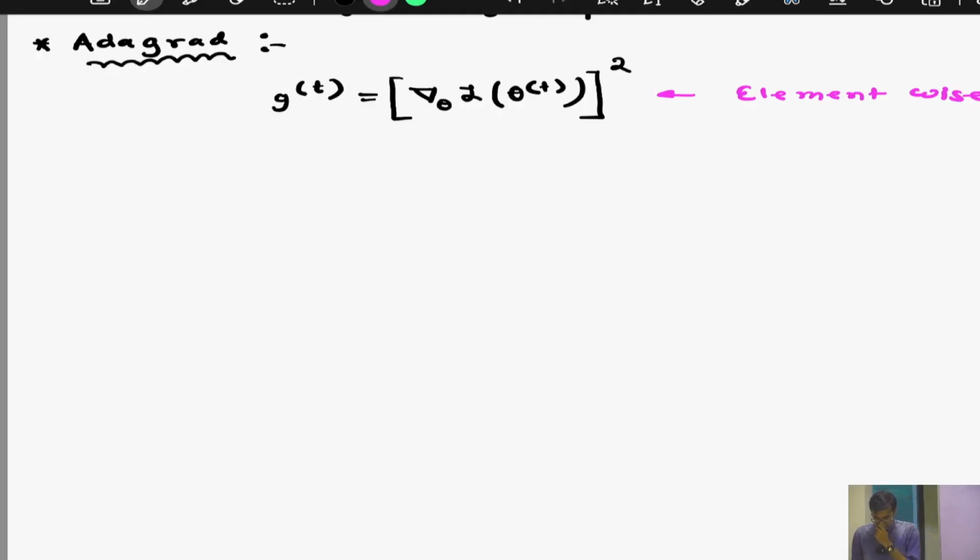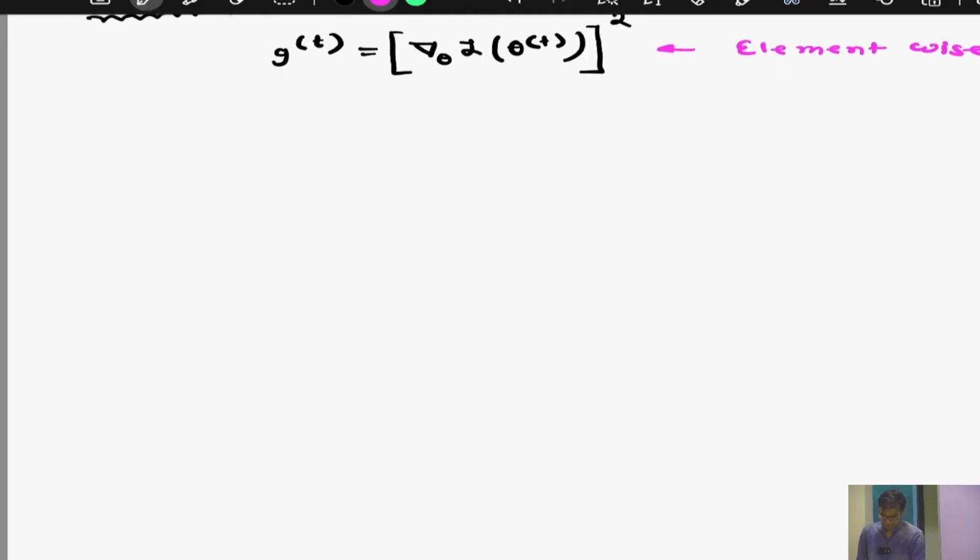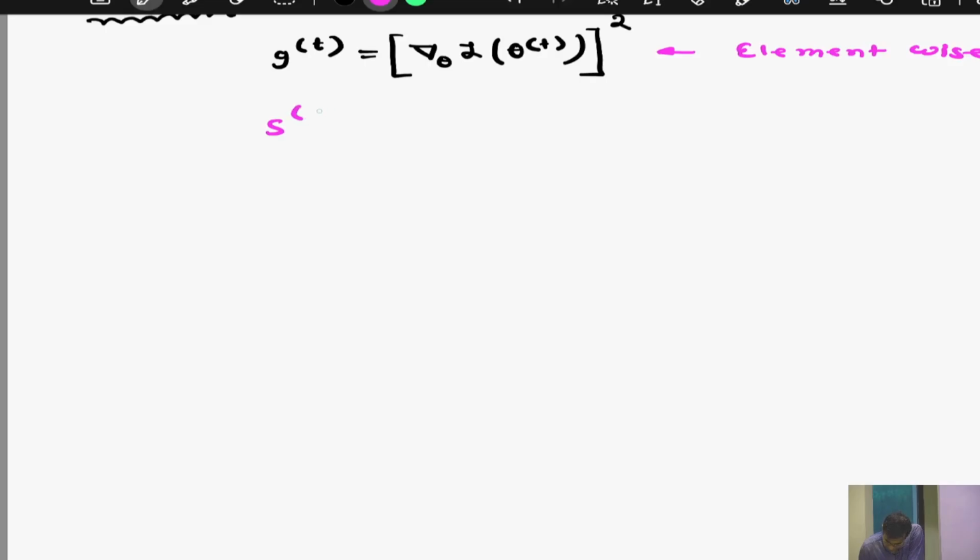So you compute your gradient and then s_{t+1} is equal to s_t plus g_t. You can add a mu also along with s_t, but that's fine, I'm not writing it.